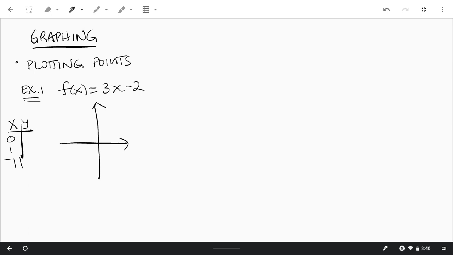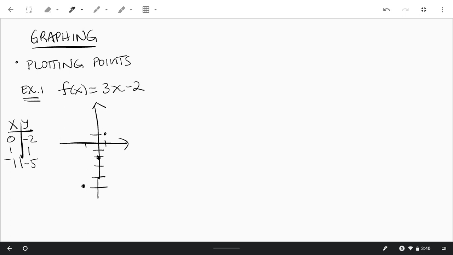We can choose 0, 1, negative 1, and plug those in. 3 times 0 minus 2 is negative 2. 3 times 1 minus 2 is 1. Negative 1, we get negative 5. Okay. So 0, negative 2, 1, 1, and negative 1, negative 5. 1, 2, 3, 4, and 5.